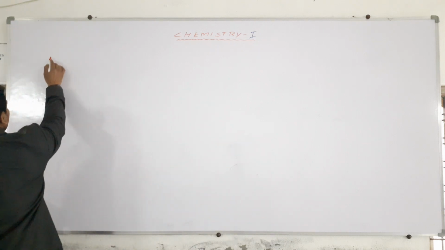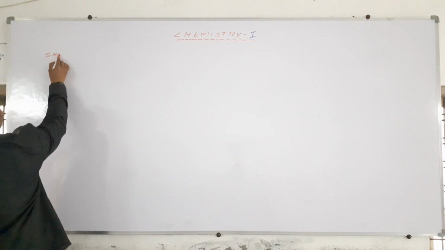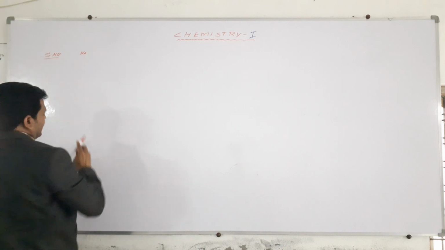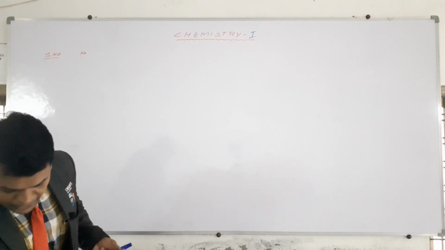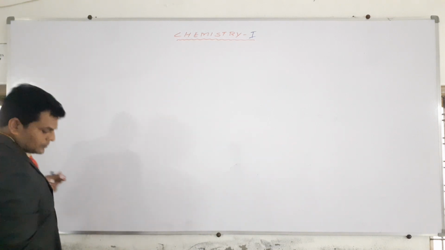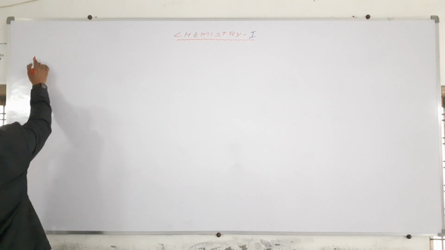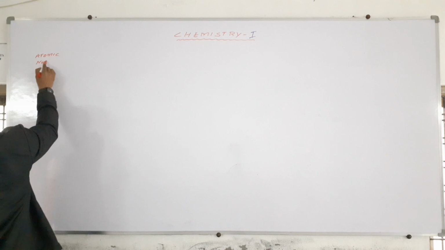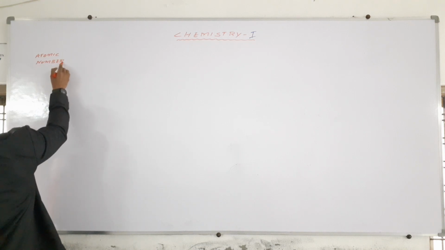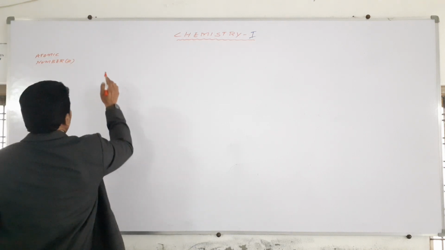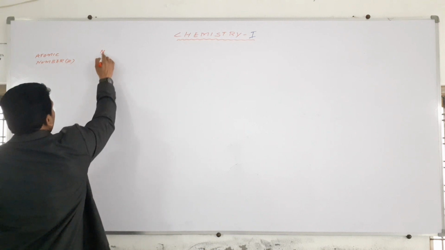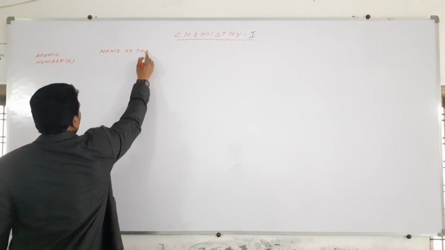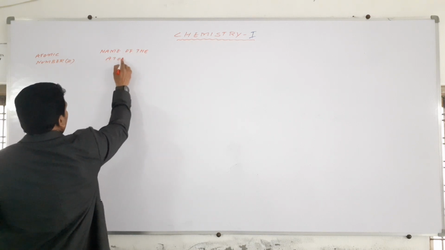So first one, here I am taking serial number. Next, name of atom. Serial number is nothing but atomic number. First one I am taking atomic number. This is Z. Then name of the atom.